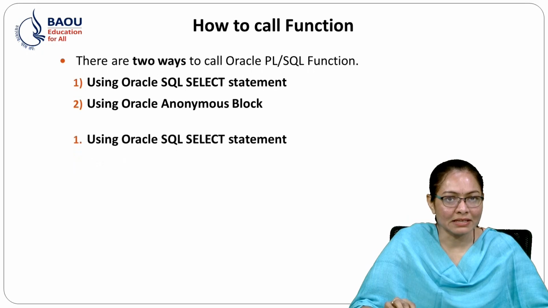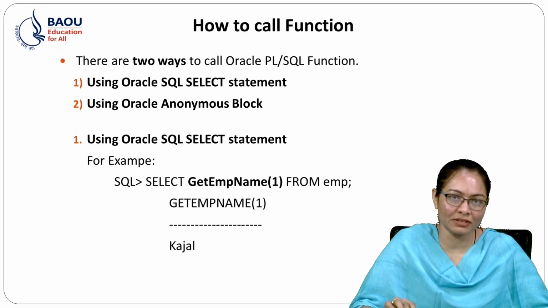First we see using the Oracle SQL select statement. We can call the PLSQL function using the SQL select statement and check the output. How to execute the select statement?